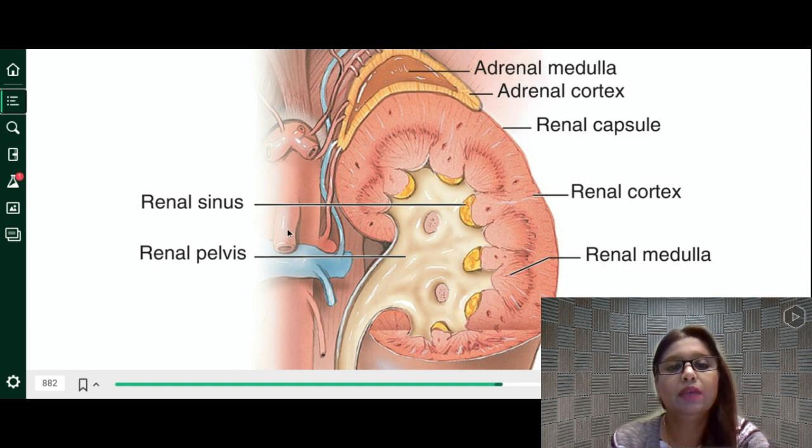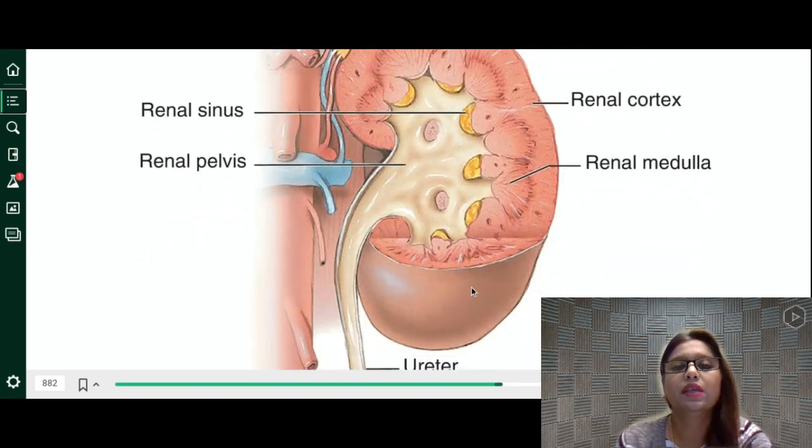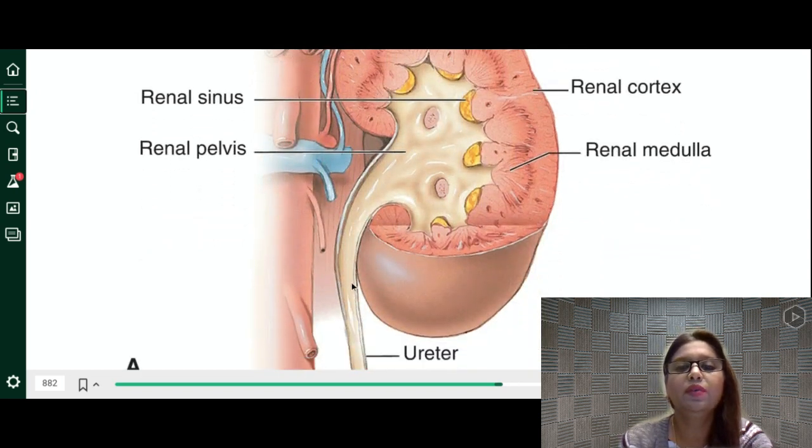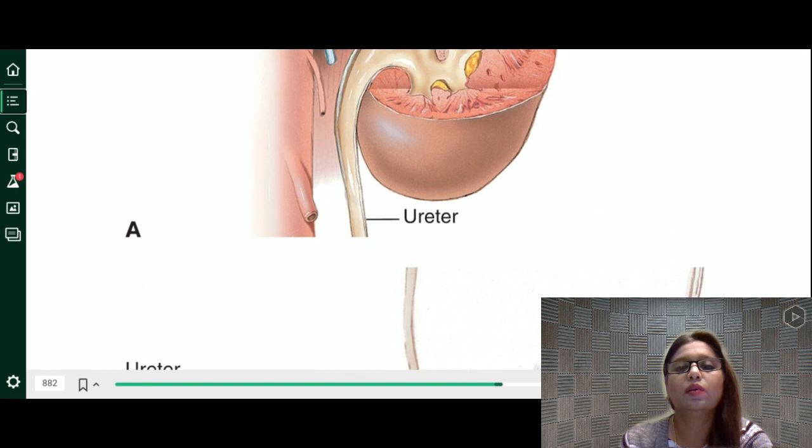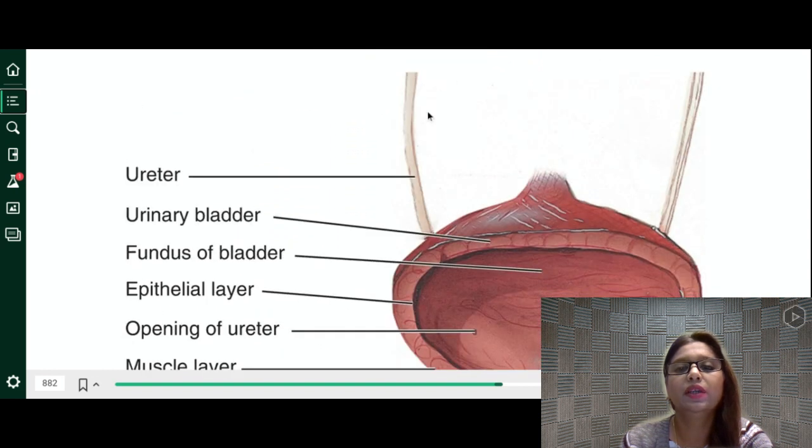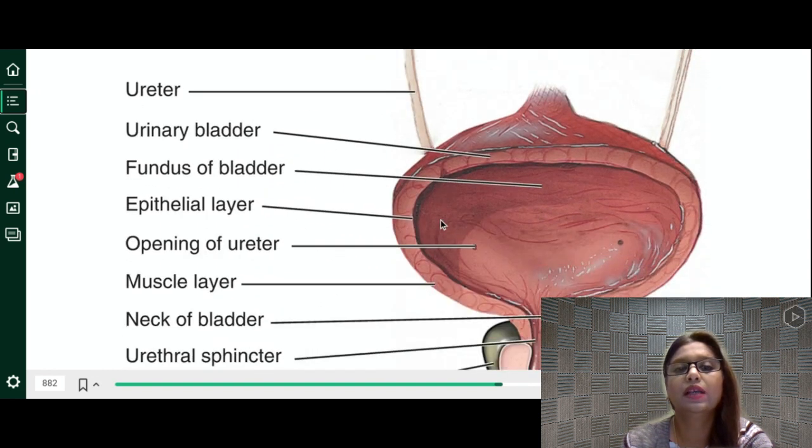These are two big blood vessels that bring blood to the kidneys. The cells filter the blood and produce urine, and the urine goes through the ureter and sits in a little baggie called the urinary bladder.